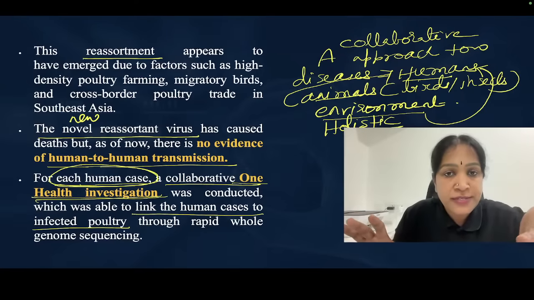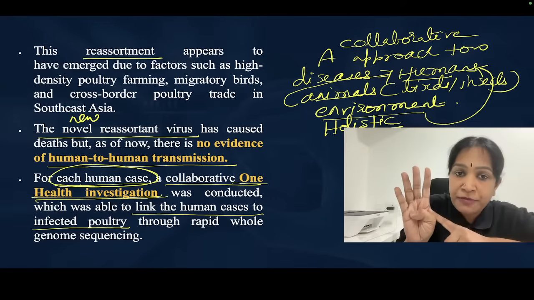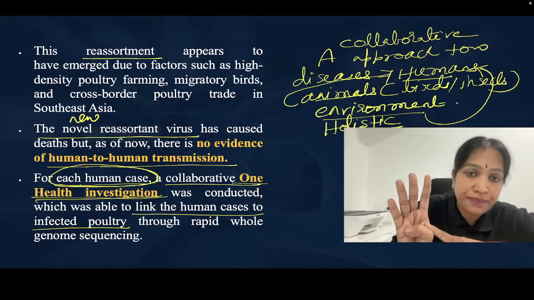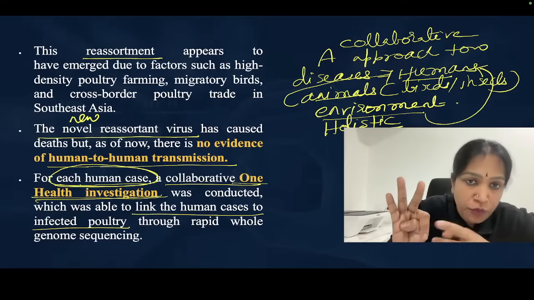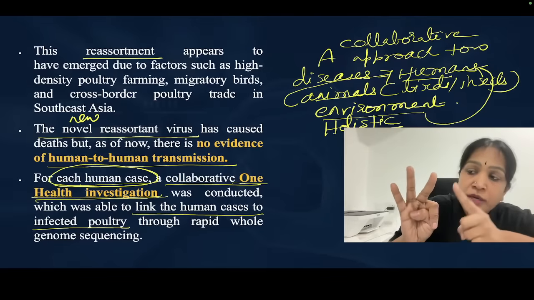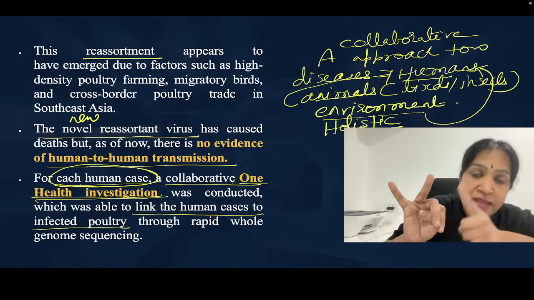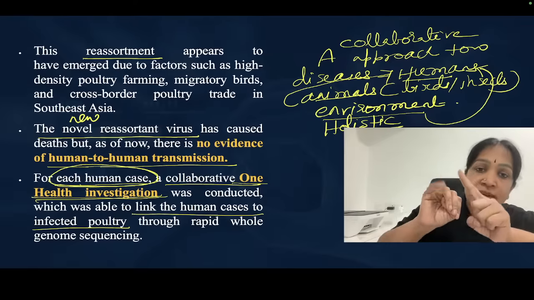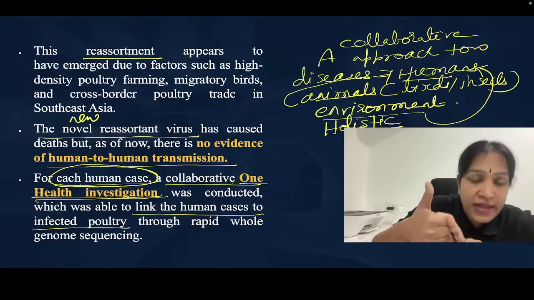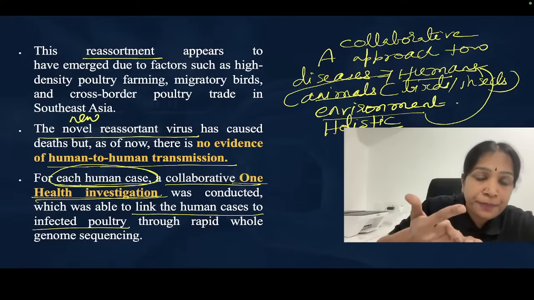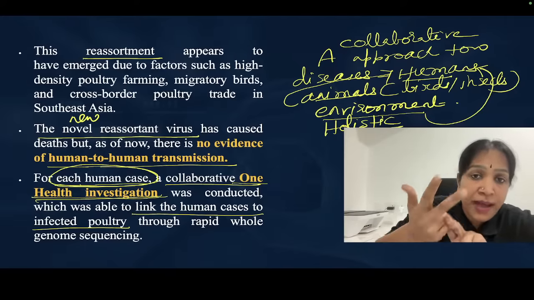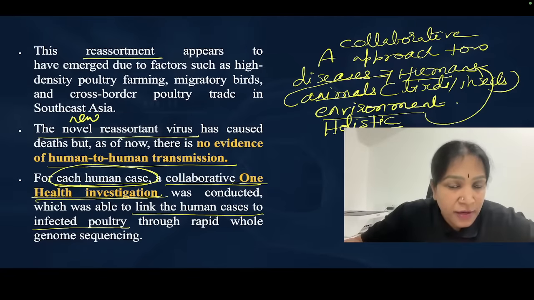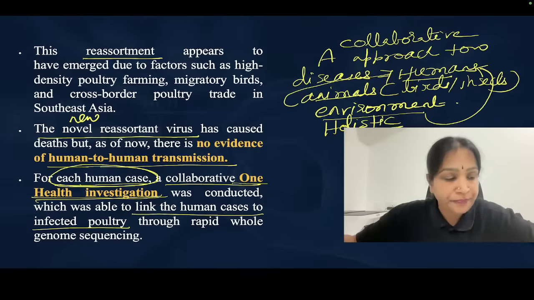I repeat the process. Take the sample from the infected human being. Isolate the bird flu virus H5N1. Do the DNA sequencing. Then collect the sample from the infected bird. Isolate the H5N1. Do the DNA sequencing. Compare both the DNAs. They are matching. It means the human being got this virus from another human being or the bird.